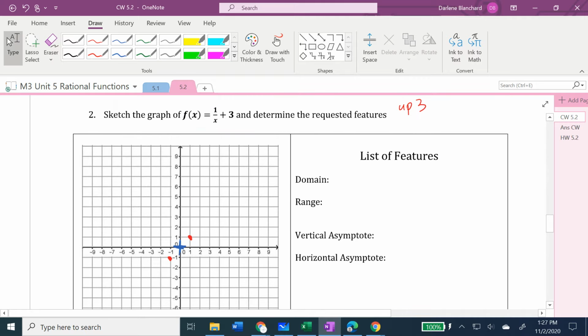If I am moving up 3, then this plus sign, that's the center of the asymptotes, moves up here, and I can go ahead and just draw those asymptotes out with little dashed lines.